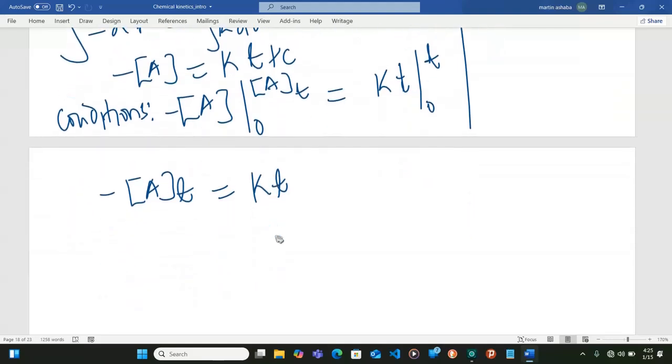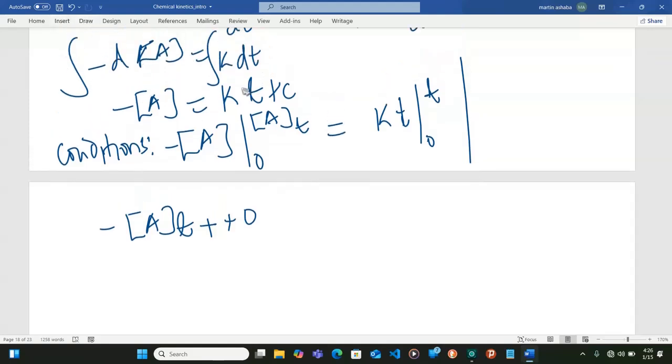Obviously this is going to be... remember, let's do it properly. Let's rub here. So we have minus, okay, minus 0.